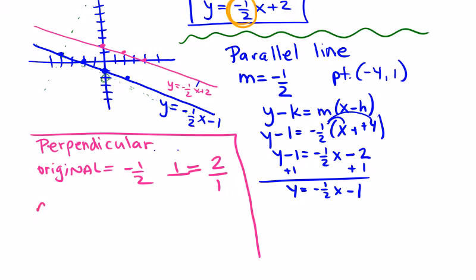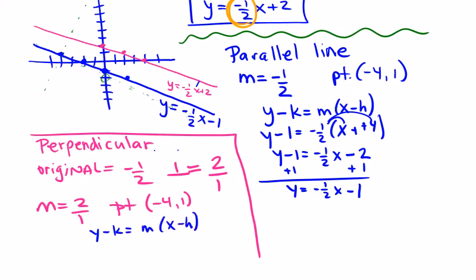So using our slope of 2/1, and our point is still (-4, 1), we're going to use that same point-slope form of y minus k equals m times (x minus h).